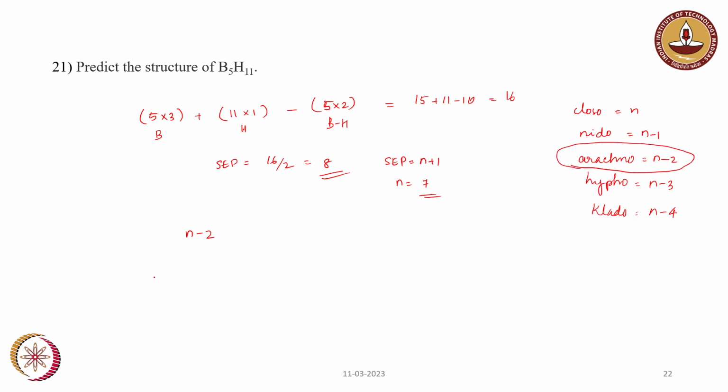If there were n number of borons, that is 7, it would be closo type, then it will be a pentagonal bipyramidal structure. But we got arachno, which means 2 borons are missing, so 2 vertices of the pentagonal bipyramid will be missing.